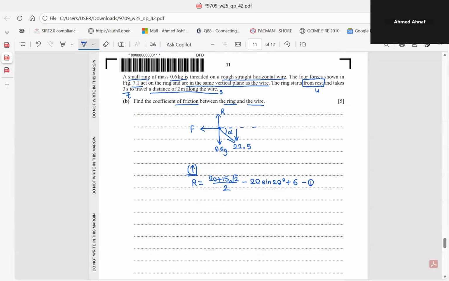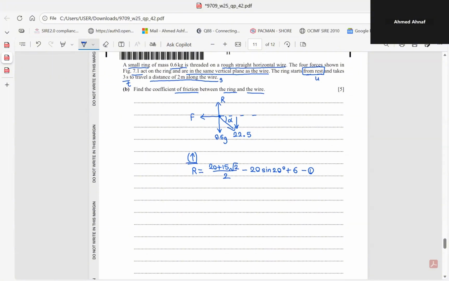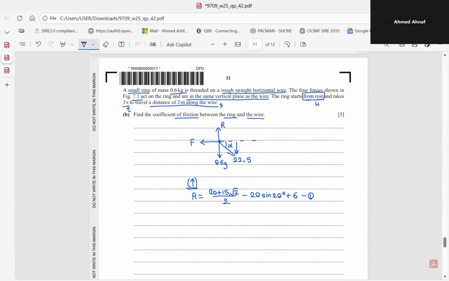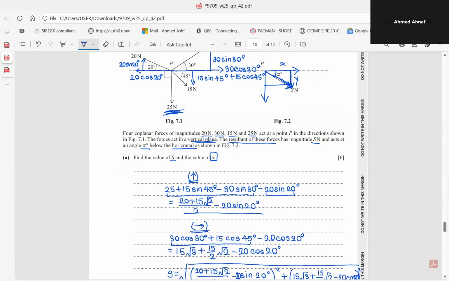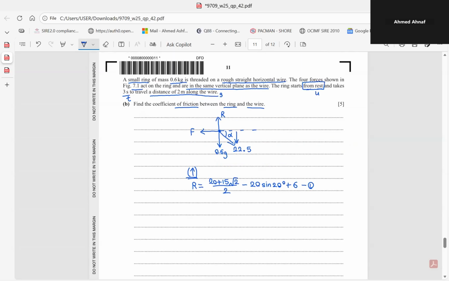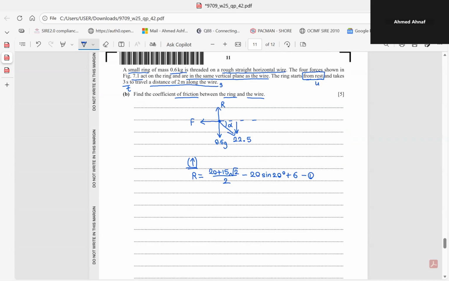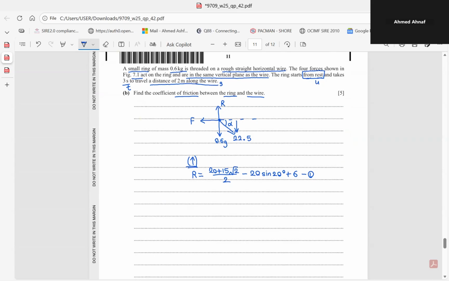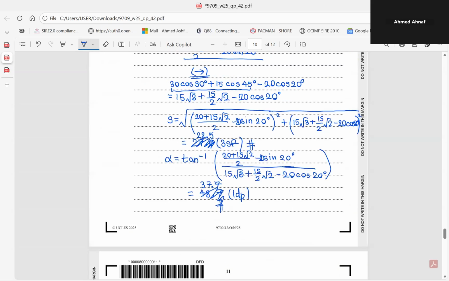All right, and then for the ring, it starts from rest and takes 3 seconds to travel a distance of 2 meters. But we don't know the acceleration.